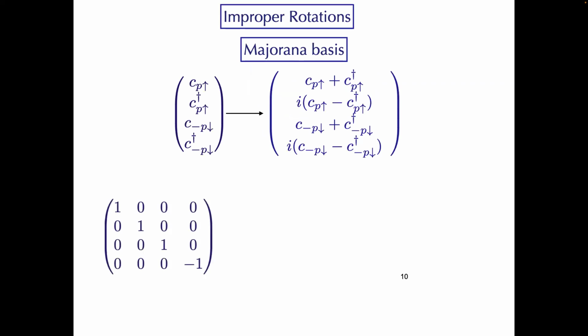The real part is... In any of these, you would be interchanging, but you'd be sending CP down to CP minus down. Okay, because there's a plus sign here.